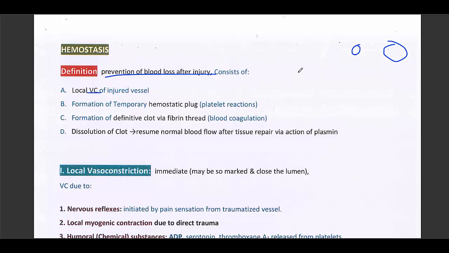Secondly, formation of a temporary hemostatic plug, the platelet reaction. If the tip of your finger gets injured by something small like a piece of wood or glass, a very small opening, it just makes a plug of small platelets to close the injured site.